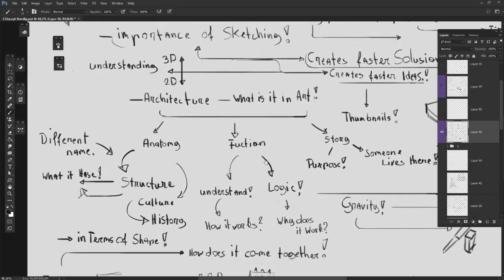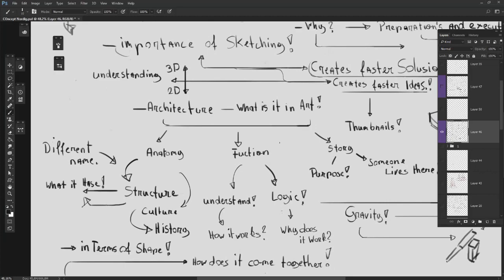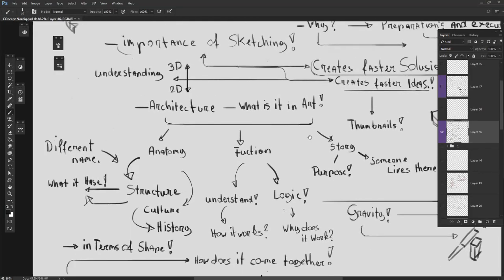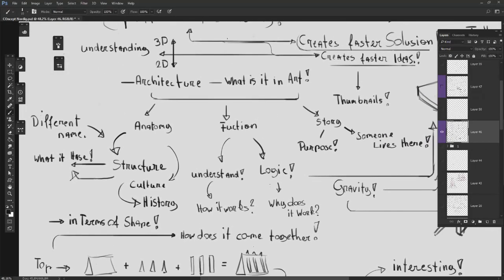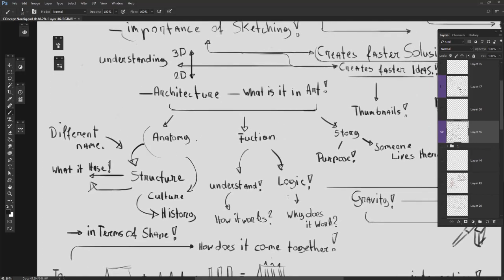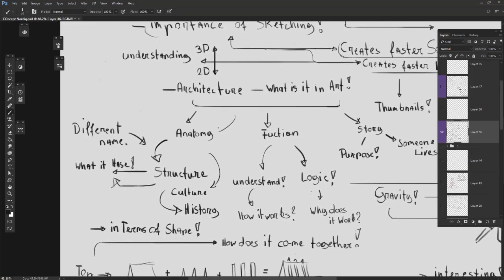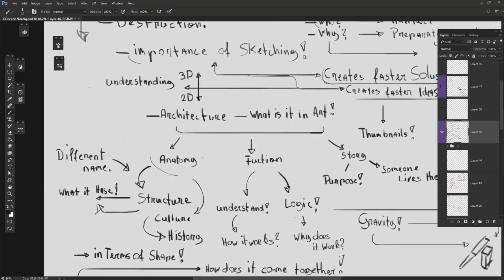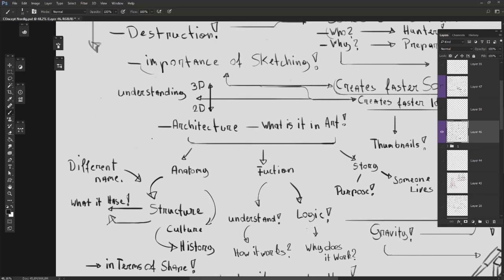The next one we have in our list is actual architecture. What is it in art? It could be three things. The first thing is anatomy, which we translate into structure. This is the actual name of the word in architecture when it comes to anatomy, because anatomy is actually a really organic term, for humans and animals and creatures and so on.